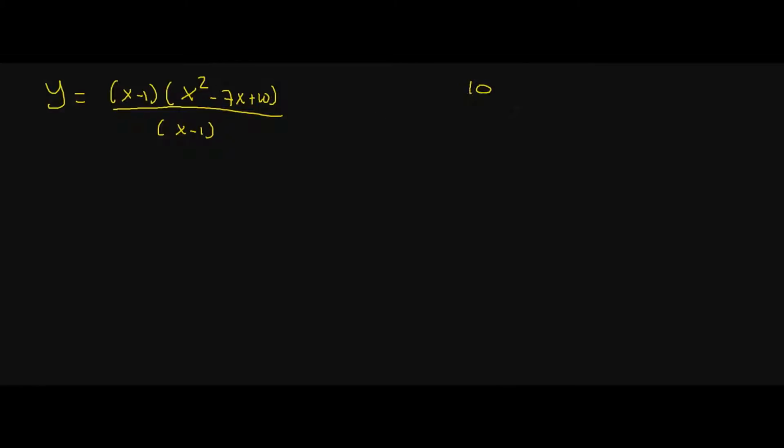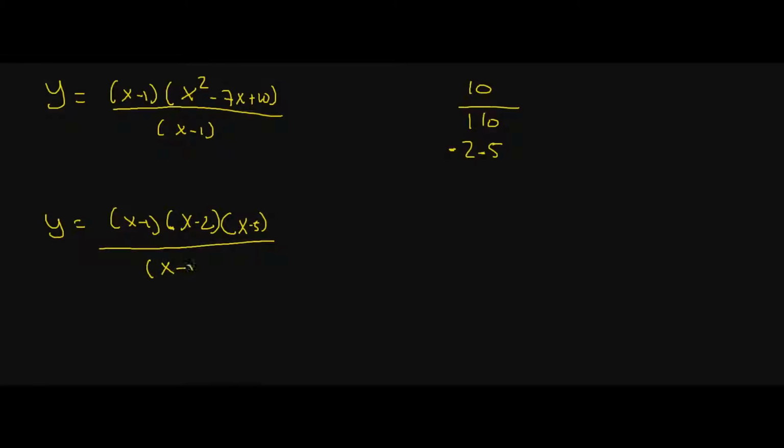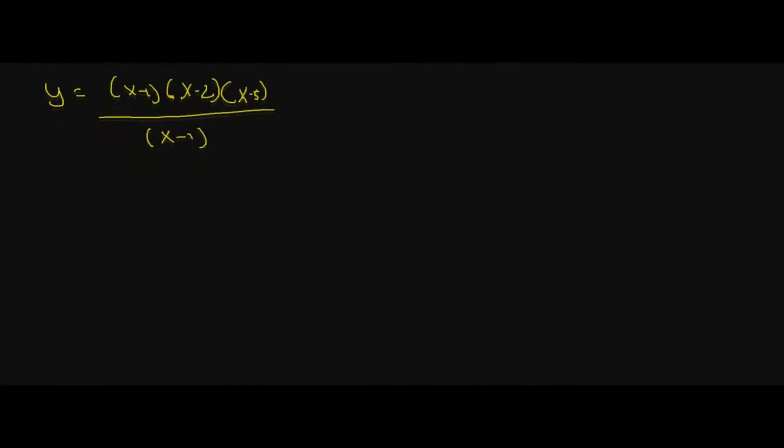So let me write all the factors of 10: 1 and 10, 2 and 5. If I make both of these negative, they add up to negative 7, and they multiply to give a positive 10. So I get y equals x minus 1, x minus 2, x minus 5, all divided by x minus 1. This is my new equation written in factored form.